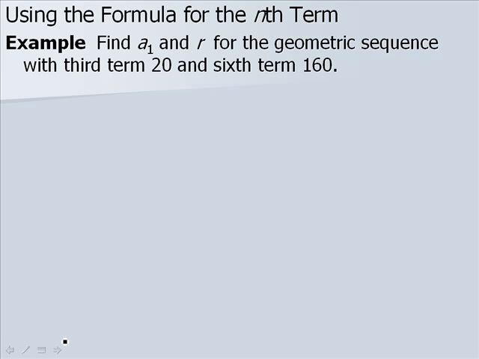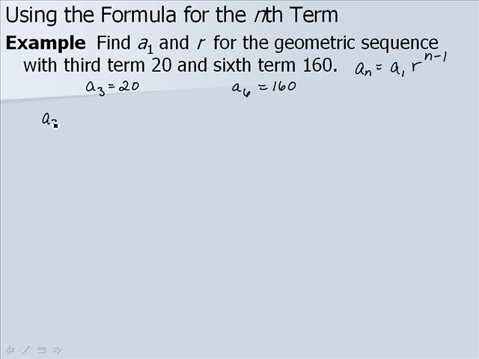In this example, we want to find a1 and r for the geometric sequence with third term 20 and sixth term 160. So we have that a3 is 20 and a6 is equal to 160. And remember that an is equal to a1 r to the n minus 1.